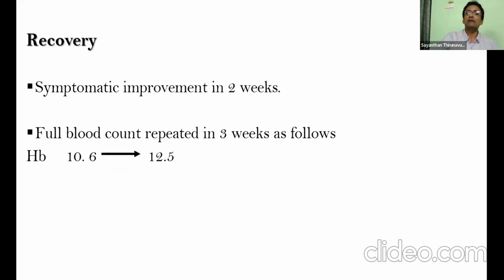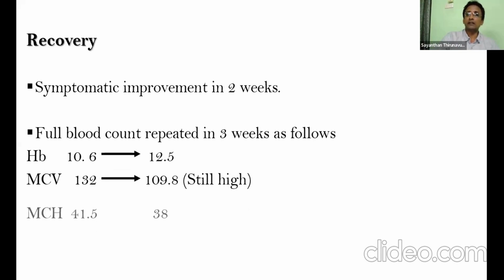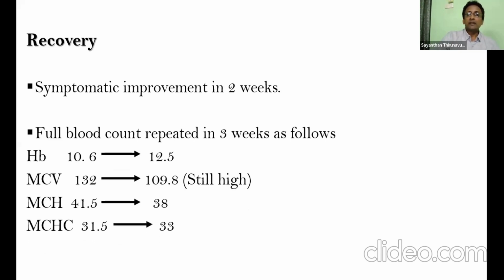Hemoglobin picked up from 10.6 to 12.5. MCV dropped from 132 to 109, but still high. MCH 41.5 to 38. MCHC 31.5 to 33. RDW, red cell distribution width, is still high.